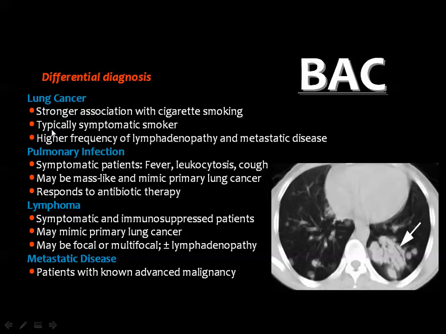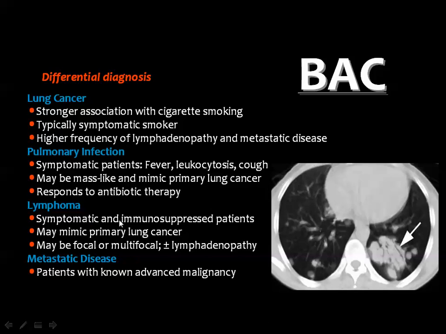Lung cancer is typically symptomatic, and it has a higher frequency of lymphadenopathy and metastatic disease. Pulmonary infection gives symptoms of infection like fever, leukocytosis, cough, and also a response to antibiotic therapy.